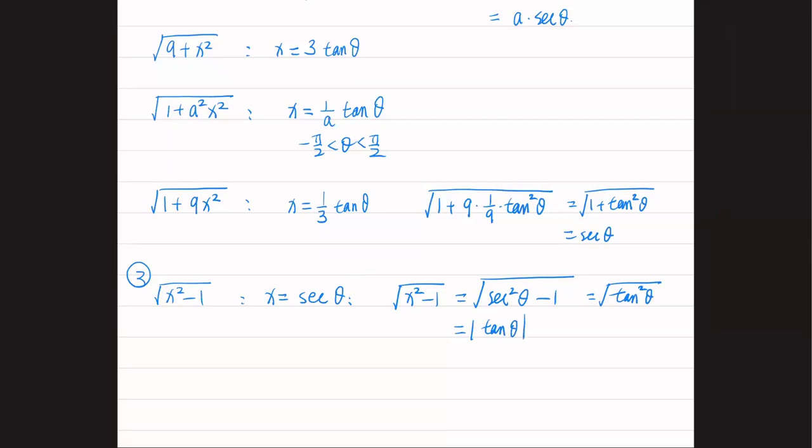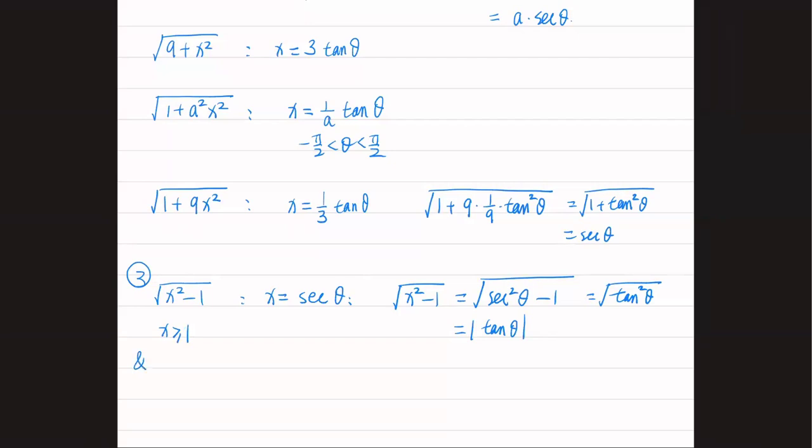Could we drop the absolute value like we have done before, or should we be more careful here? Before we even start, we should ask ourselves, what's the domain of this one? Okay, Sakina, what's the domain of this one? Okay, so this is greater than 1.